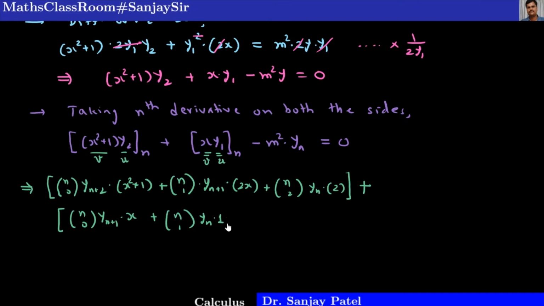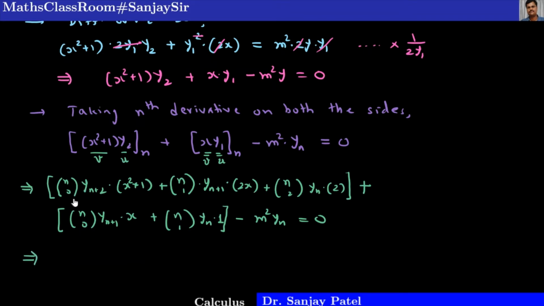Now this 1 is constant, so in the next term its derivative will be 0, so we don't write and close the bracket here. Minus the last term I am keeping as it is, minus m square into yn is equal to 0.